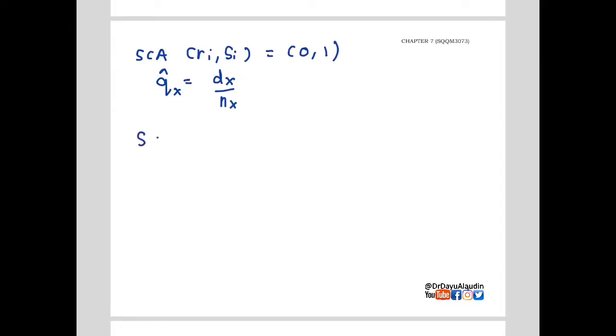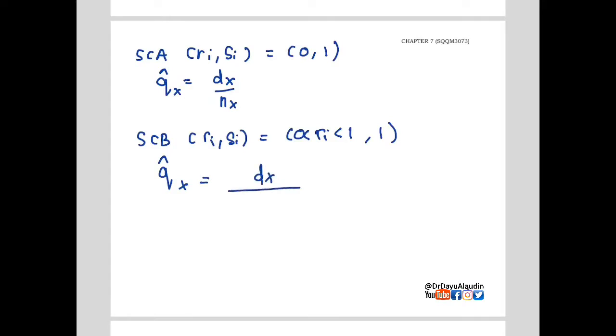For special case B, where RI is between 0 and 1 and SI is 1, the denominator becomes one minus RI.